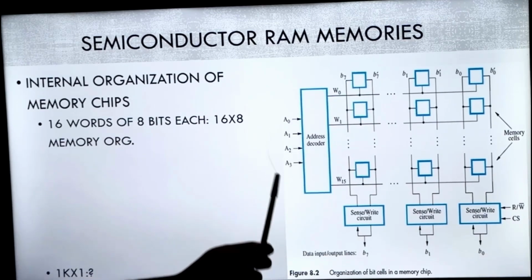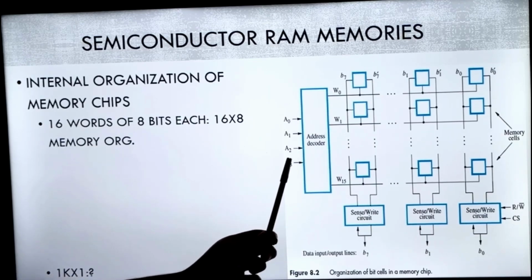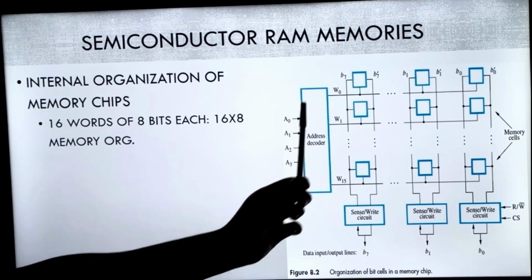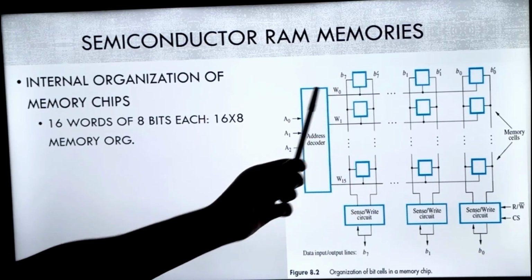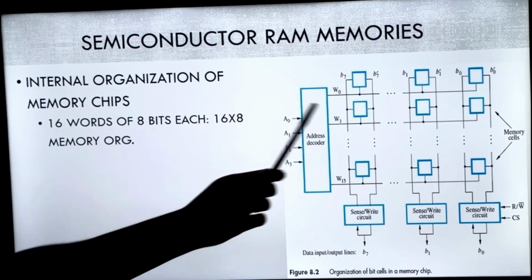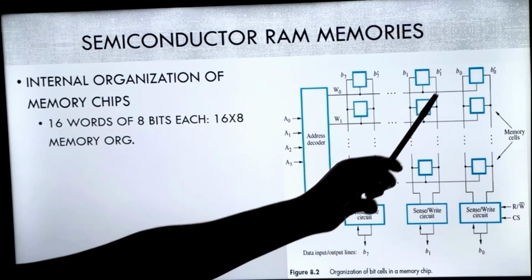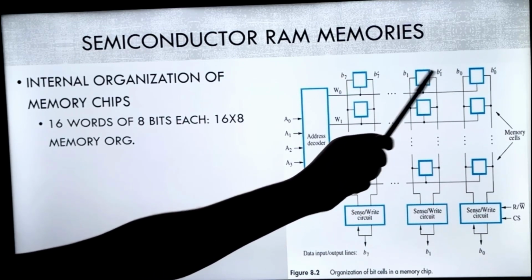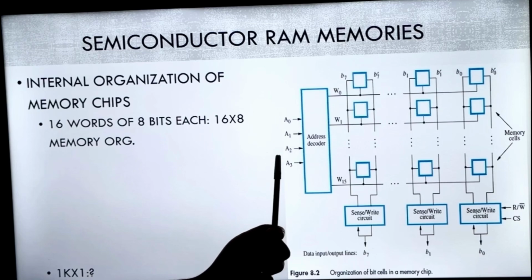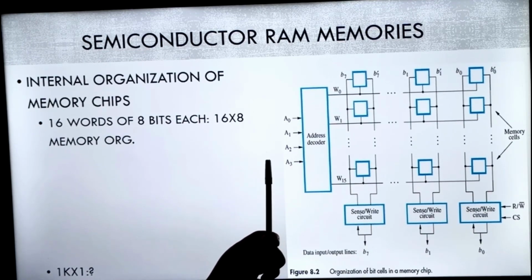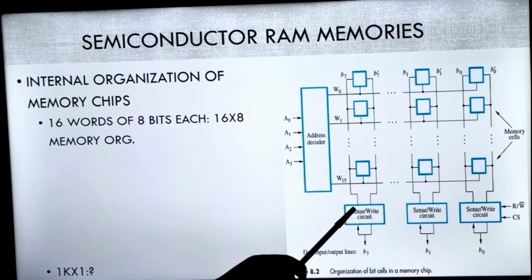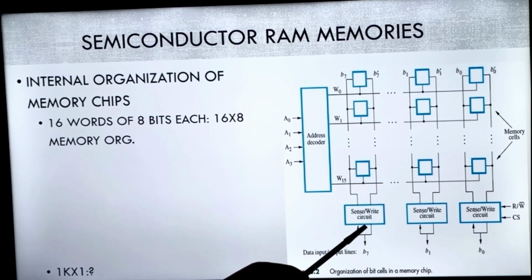So these 4 are external lines. 4 plus, next important thing, you check how many bits are there in each word. For each bit I have one connection. For this example I have 8 bits in one word, that means 8 connections will be there. So 8 plus 4, 12. Now for any type of memory arrangement, 2 external connections are necessary to connect with this CS or chip select.